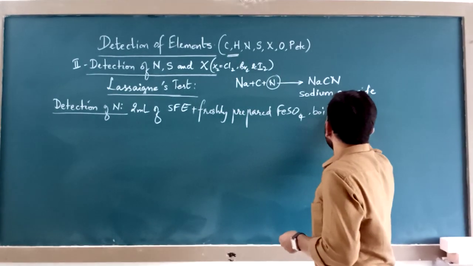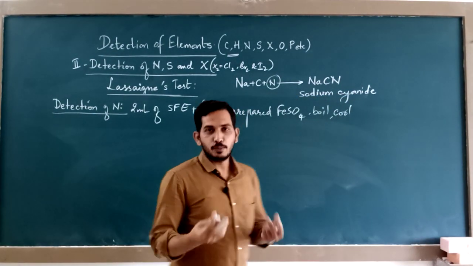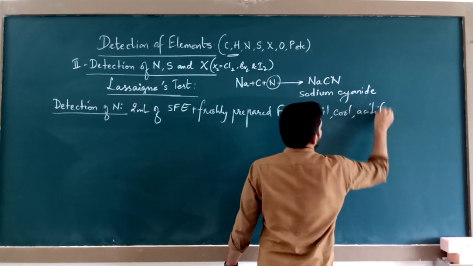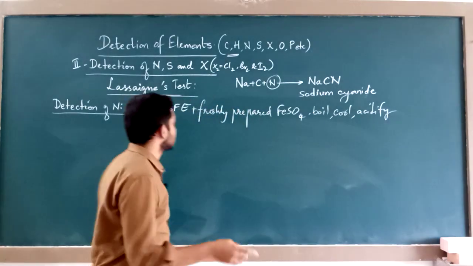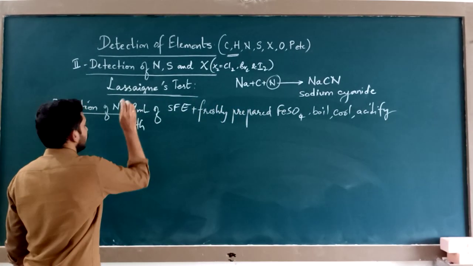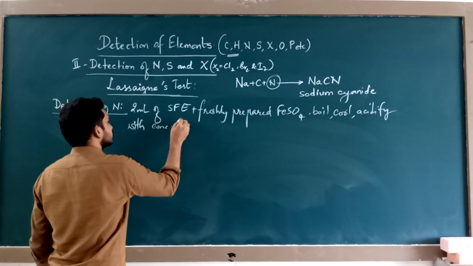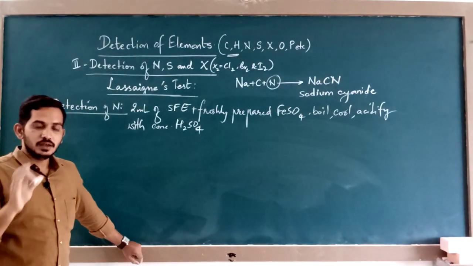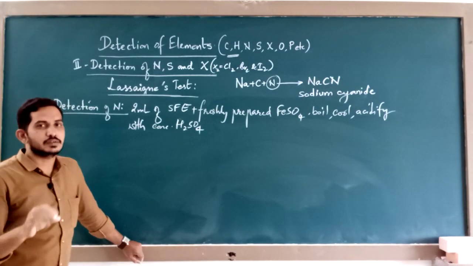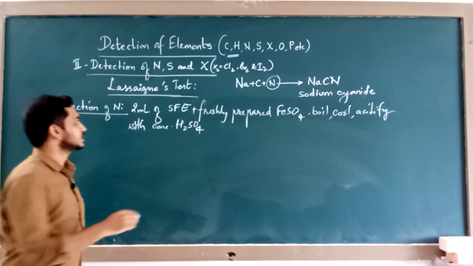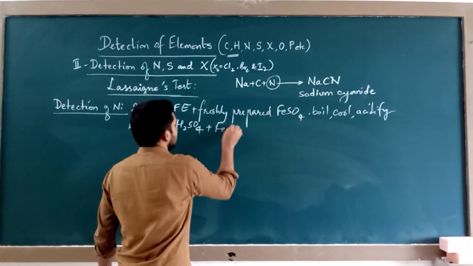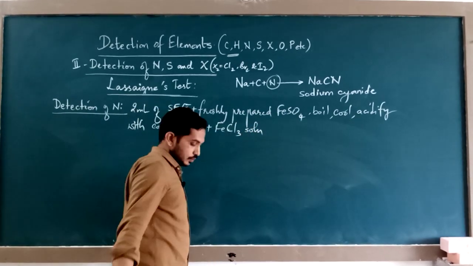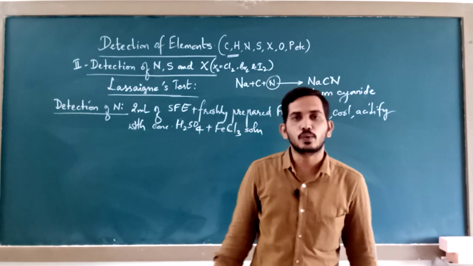After boiling, you cool the solution, and upon cooling, you acidify the mixture with concentrated sulfuric acid, 1 or 2 drops of sulfuric acid, and then add a few drops of ferric chloride solution.